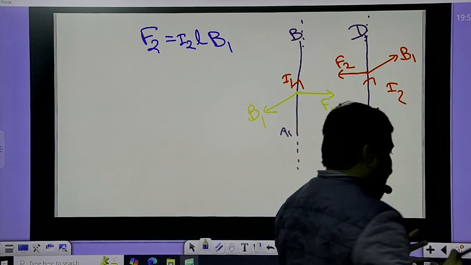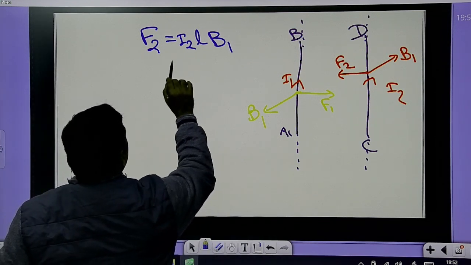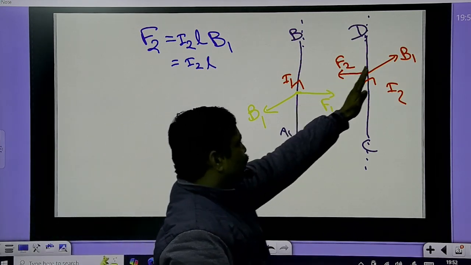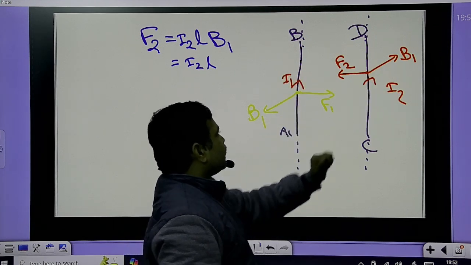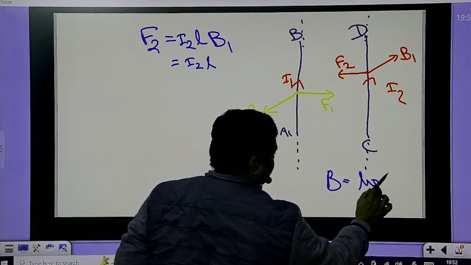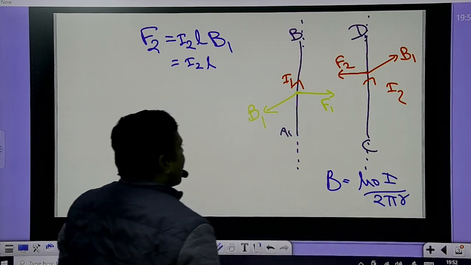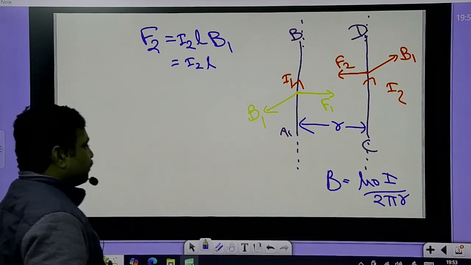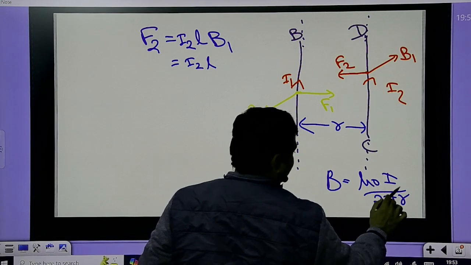Again, the force will be equal to I2 L times the magnetic field produced by a current carrying conductor at a certain point. We already know the magnetic field B is equal to mu naught I upon 2 pi r, where r is the distance between the conductors. The magnetic field produced due to the current I1 is mu naught I1 upon 2 pi r.